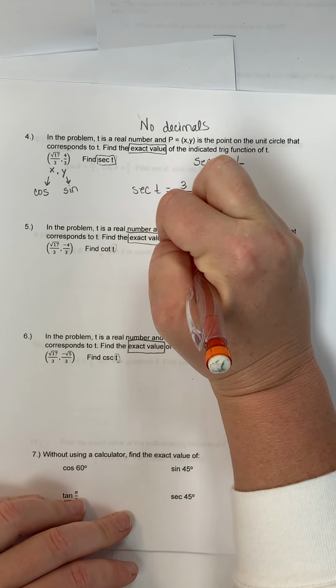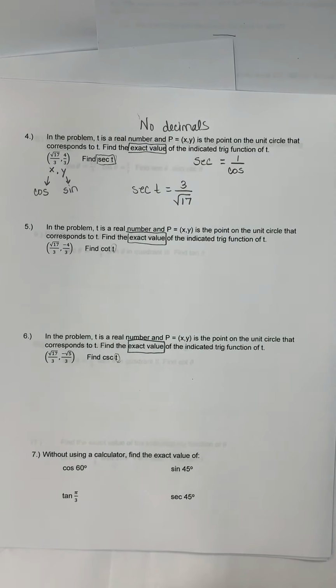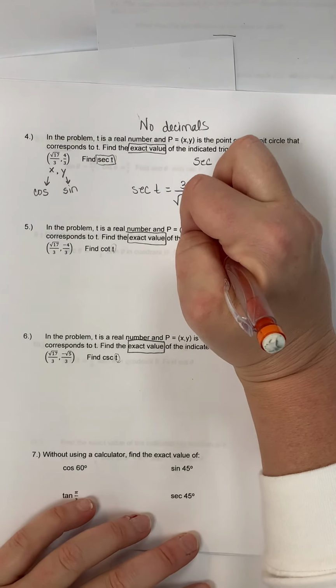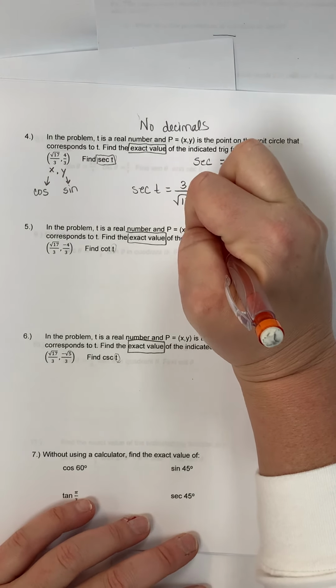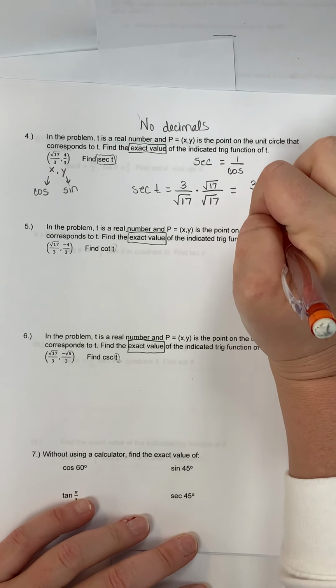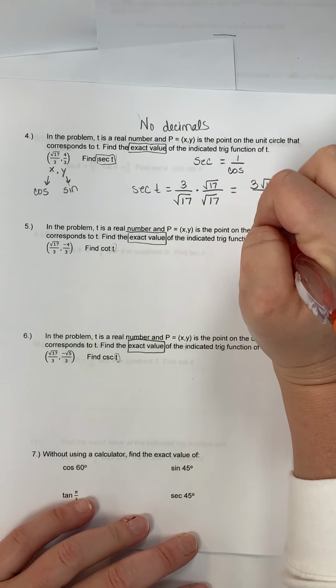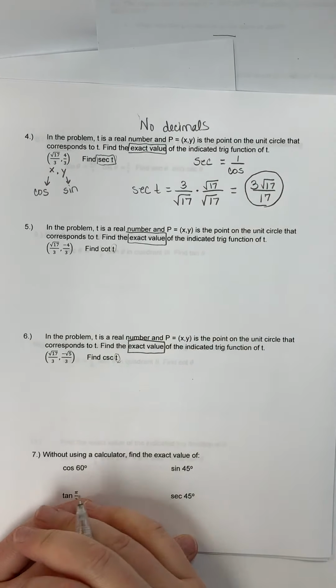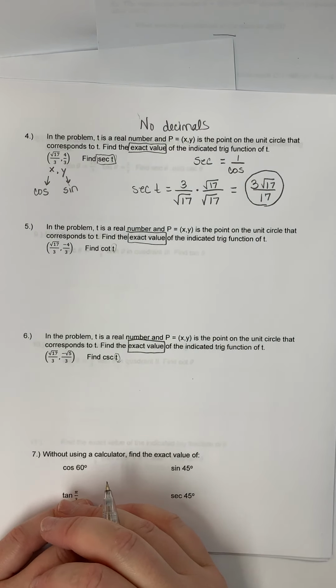So I end up with 3 over the root of 17. All I had to do, okay? Now I can't leave it like that. I do have to rationalize. That's going to give me 3 root of 17 over 17. And there's my answer. Okay.